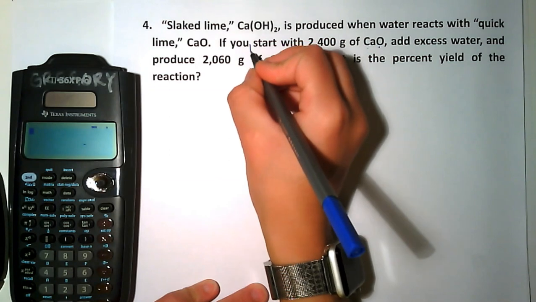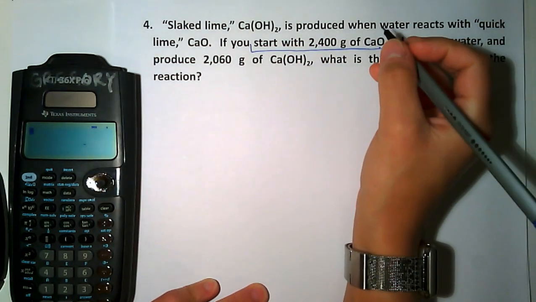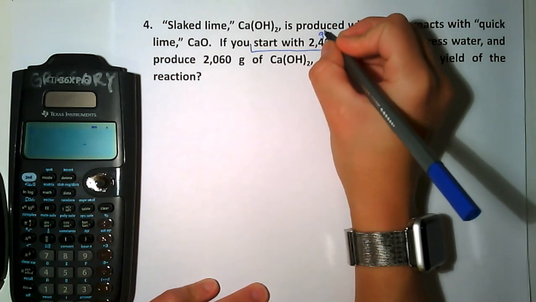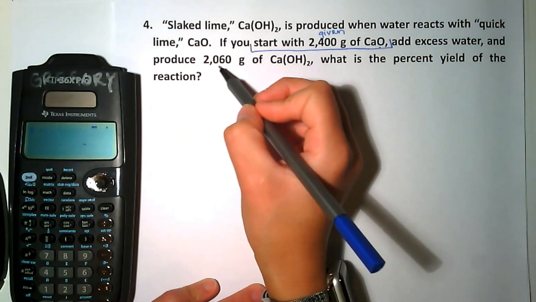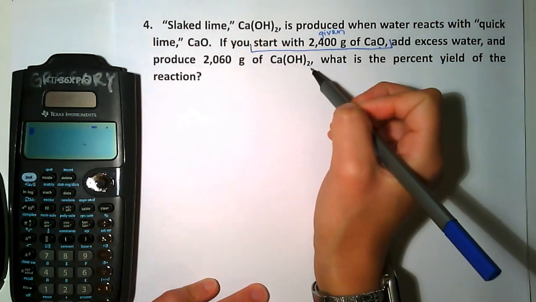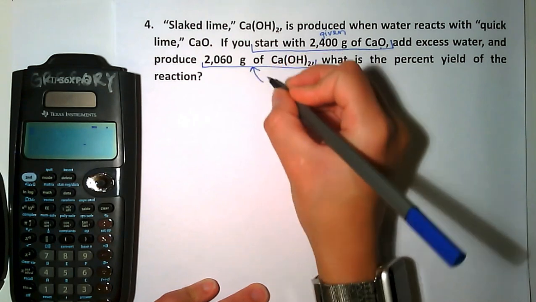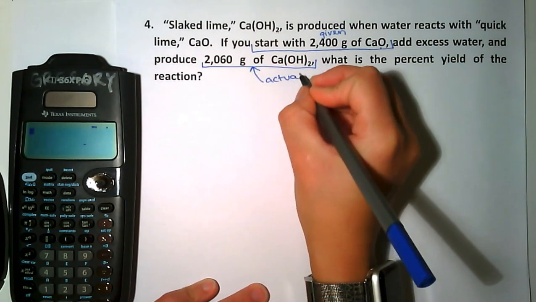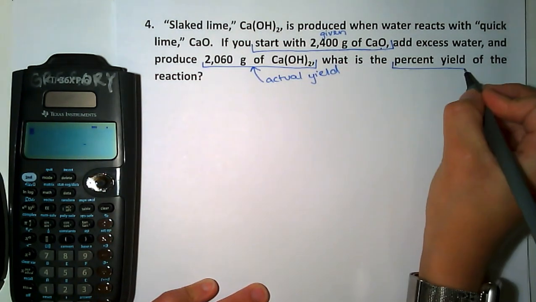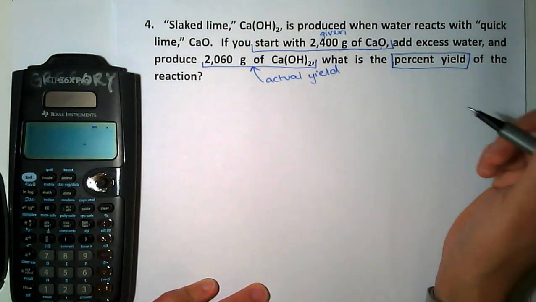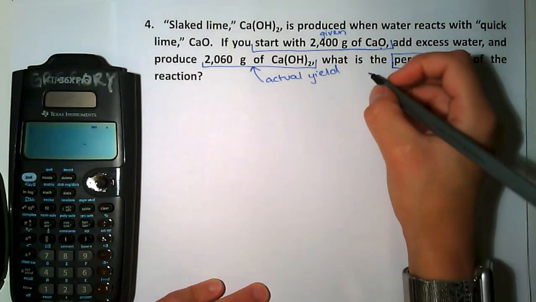So we're starting with 2,400 grams of calcium oxide. So this is what we are given for our stoichiometry problem. And then we produce 2,060 grams of calcium hydroxide. So this is our actual yield, the amount that we really did produce. And we know to find the percent yield, which is what the problem is really asking for in the end, we're first going to have to calculate the theoretical yield.